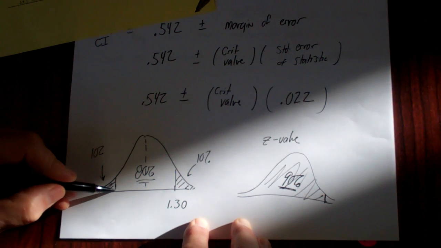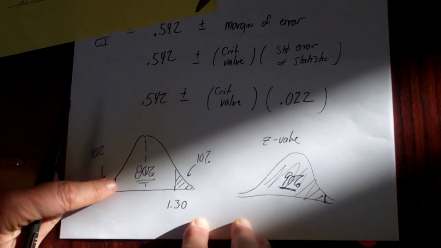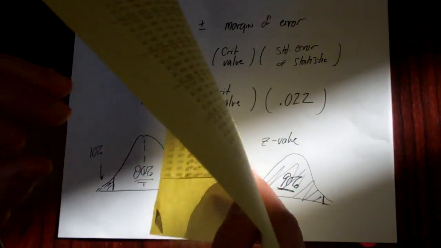If you would have found the left-hand one, then what you would have wanted is the z-value so that it's 10%. So you would have looked on here to find to the left is 0.1.